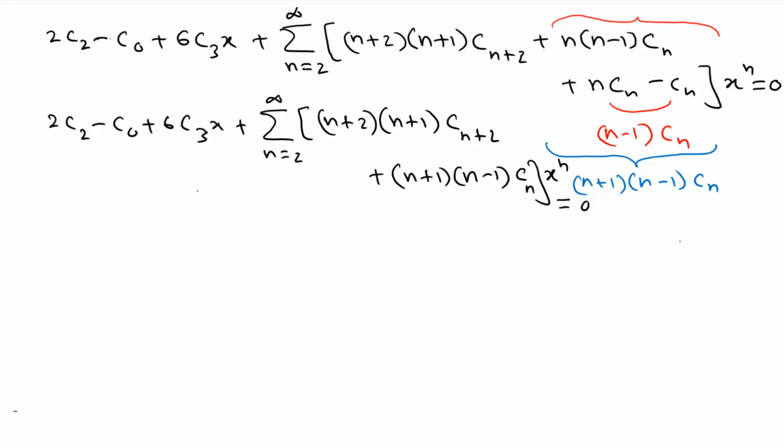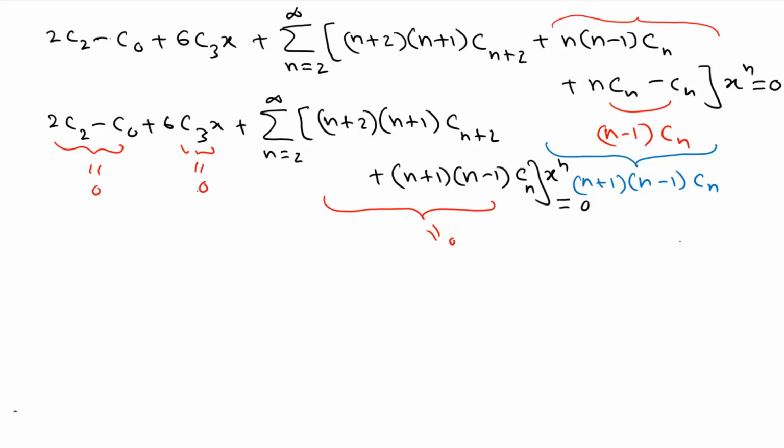Now, as before, we can set each coefficient equal to 0. So this coefficient has to be 0, this coefficient has to be 0, and this one has to be 0 separately.